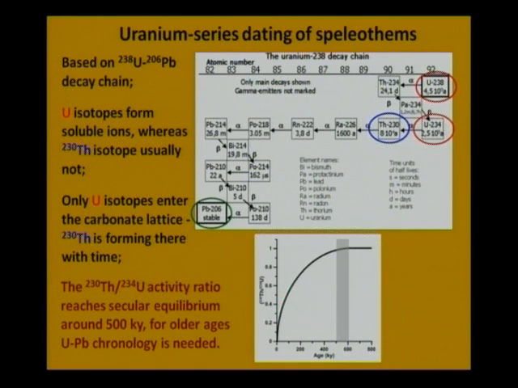When we date the young stuff, we need only the ratio between formation of 230 thorium and its disintegration rate. In the beginning, the rate of formation is very high, and when we approach 500,000 years, the rate of formation becomes almost equal, or actually equal, to the rate of disintegration, and the method stops working, and then we need to start dating by uranium-lead.